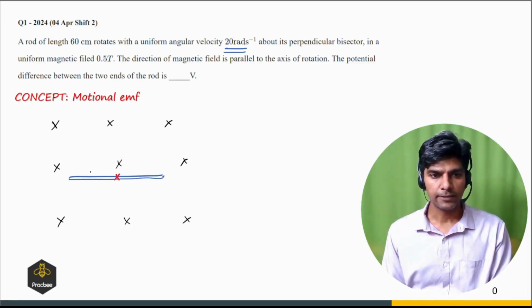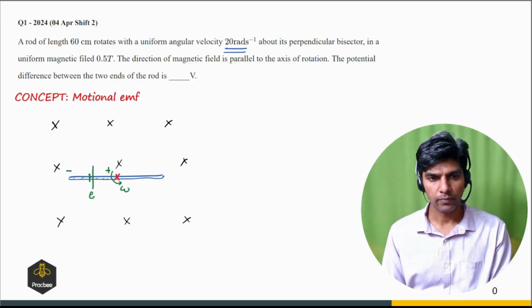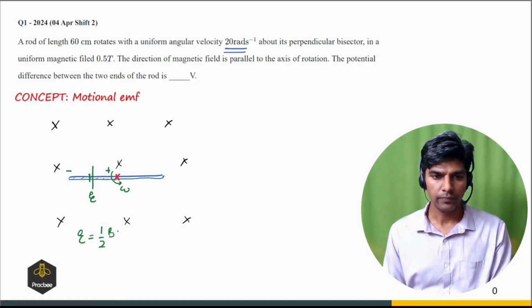Let us say the angular velocity is anti-clockwise. If we consider the left part, the EMF induced will be what? This end will be at high potential and this will be at low potential. So let us say this EMF is E, right? And this E will be half B omega (L by 2) square.